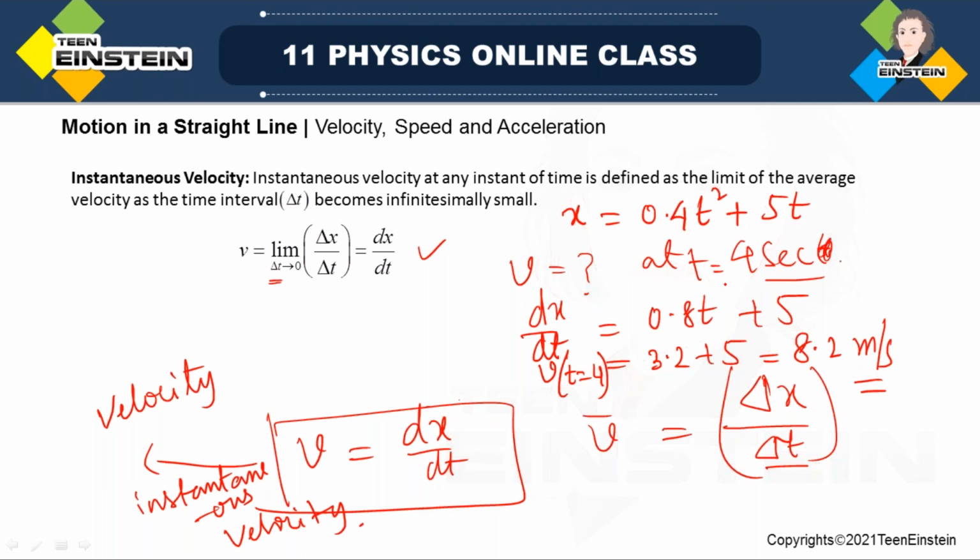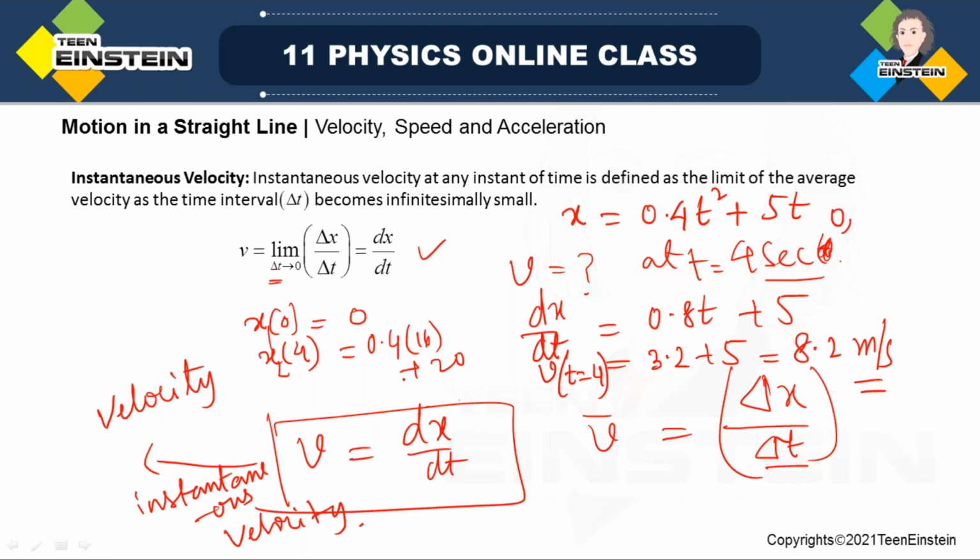If you are asked to find the average velocity, then see, you can just write what x is. So x at 0 is 0. x at 4 will be 4 into 16, that is 6.4, plus 20. So you get x2, where this is x1 and x2.